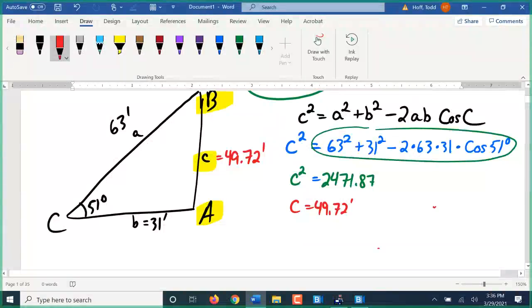Now I'm going to give you guys a minute to find angle A and B here quick. Yeah, those might be a little off, just a touch.